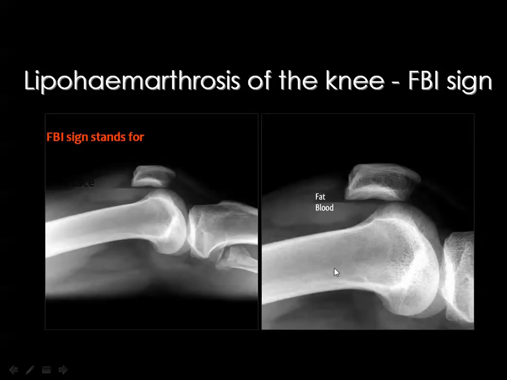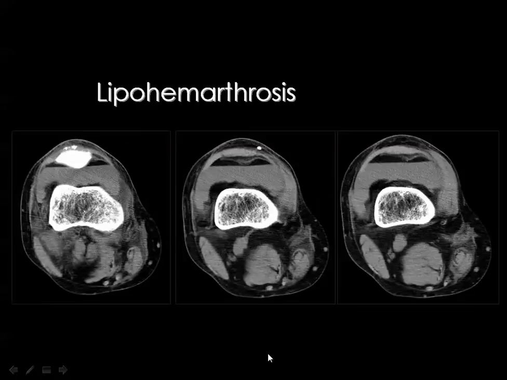In cases of trauma, there may be joint effusion or maybe hemarthrosis. But sometimes if you look at the density of the fluid, you may suspect that this may be blood rather than effusion. And this is lipohemarthrosis by CT. You see the fat fluid level or the fat blood interface within the suprapatellar area.